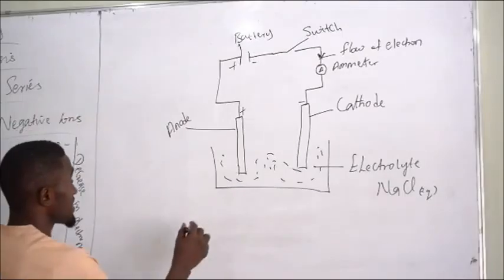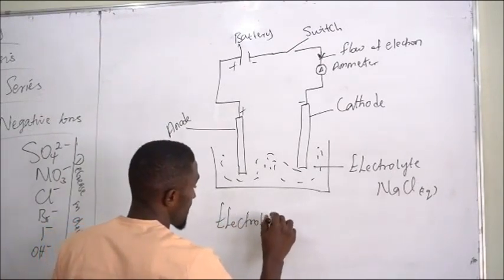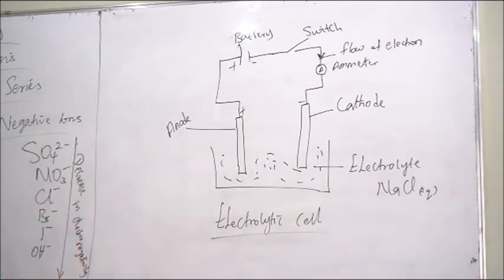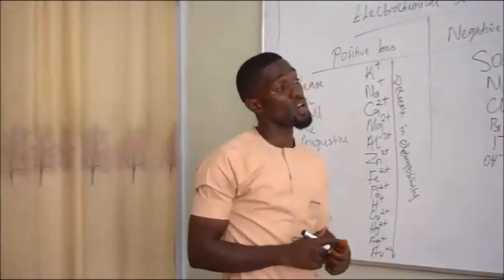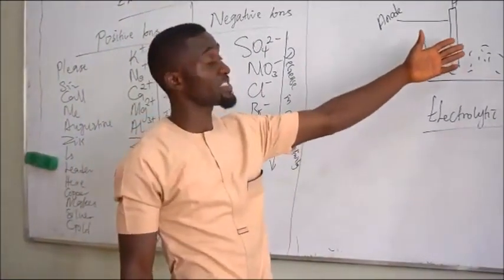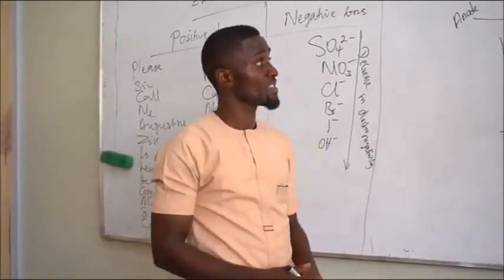Okay, so this is the diagram of an electrolytic cell. Now, what is the work of this electrolytic cell? It is in this electrolytic cell that the mechanism of electrolysis takes place.